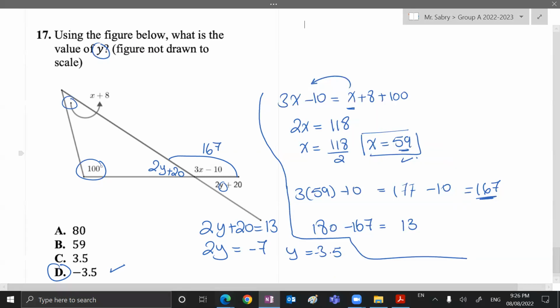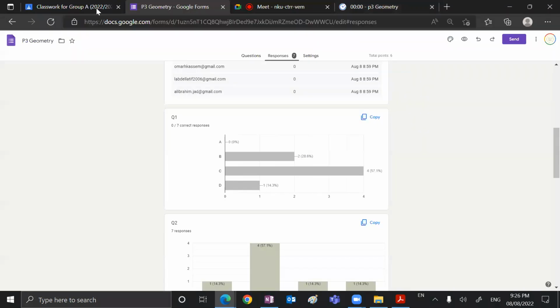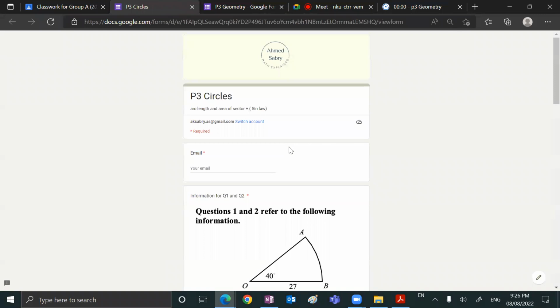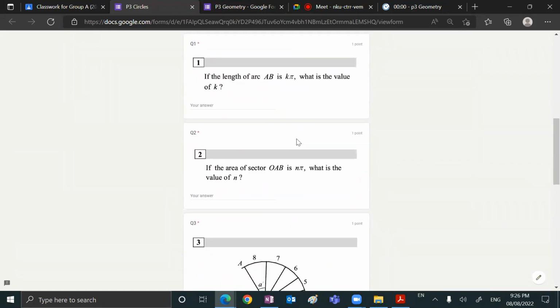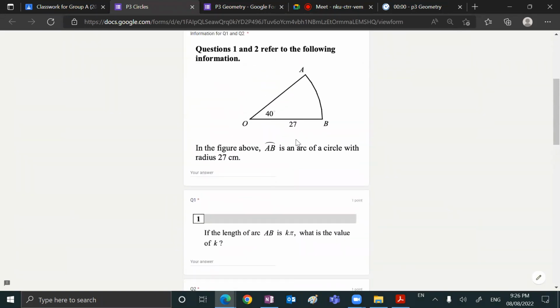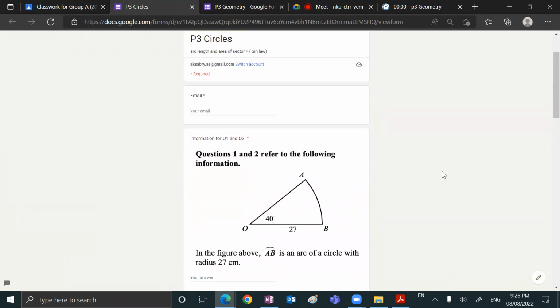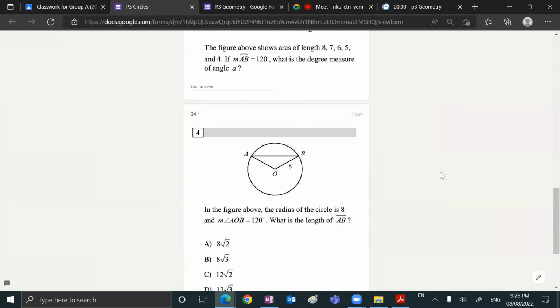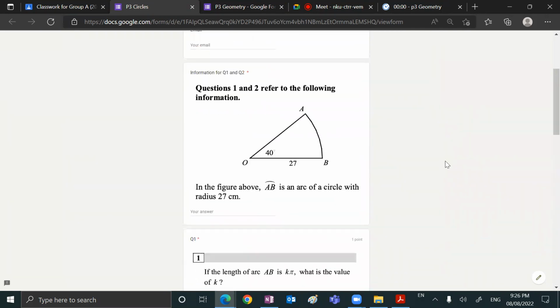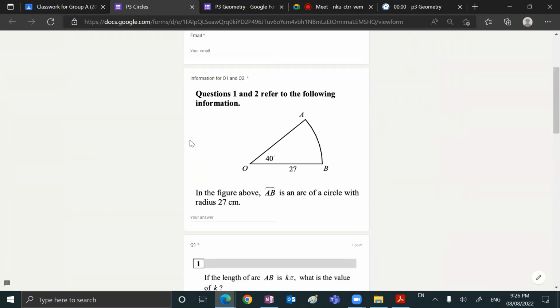Now, if you do head, please, to the one that says circles, P3 circles. This one is all about just the sectors and the arc lengths and so on. This has a total of 4 questions. The first 2 questions refer to the information provided at the very beginning.